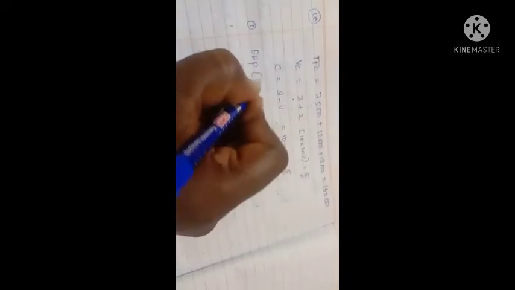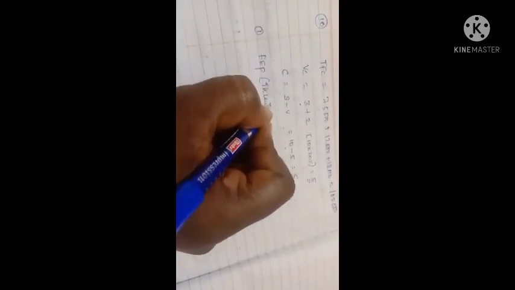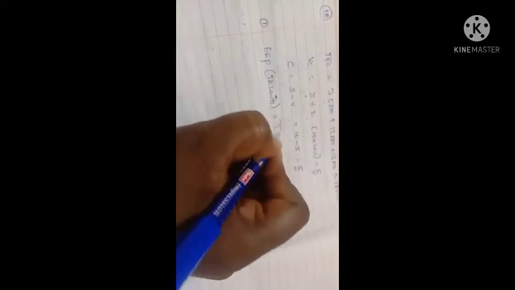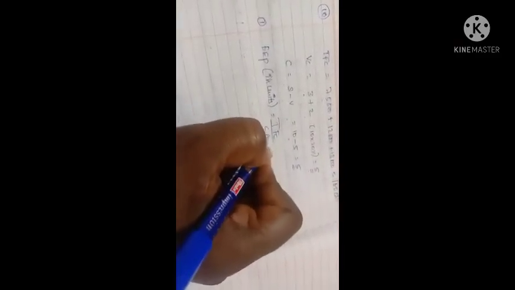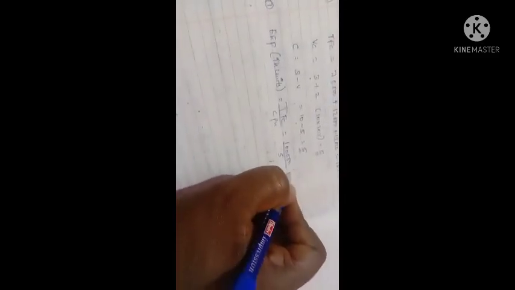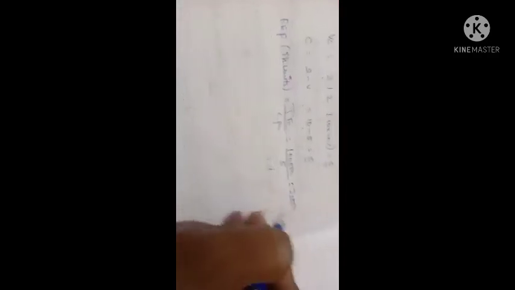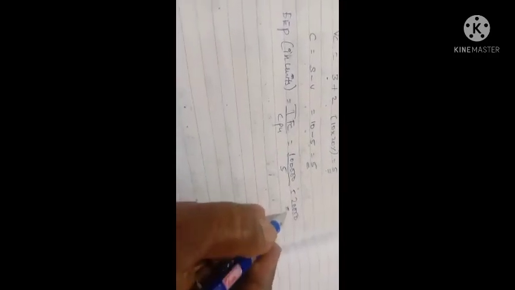Now first question, BEP in units: TFC, total fixed cost, divided by contribution per unit. Total fixed cost we calculated 1 lakh, divided by 5, you will get 20,000 units.